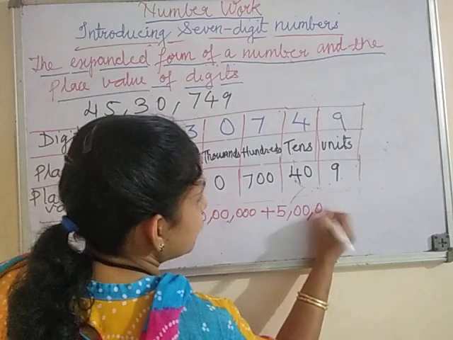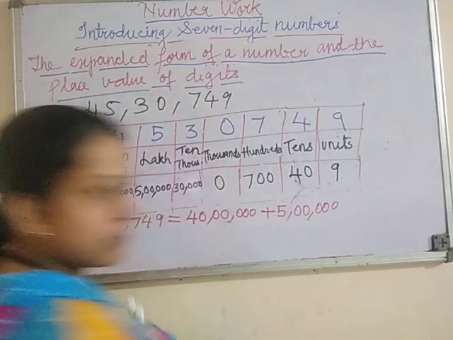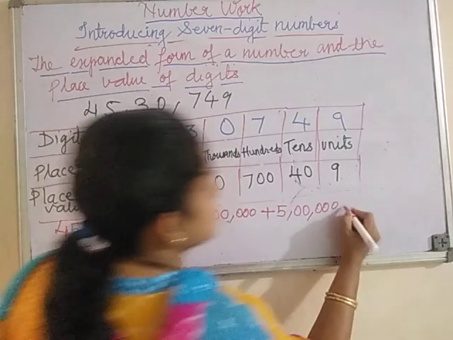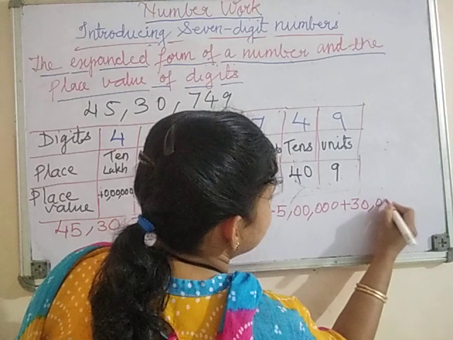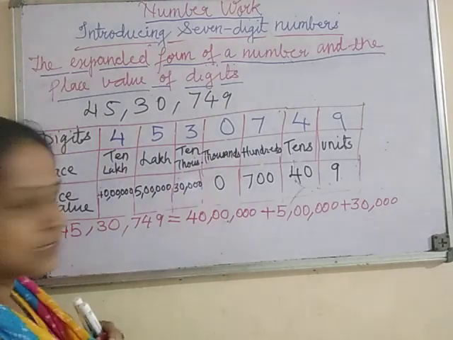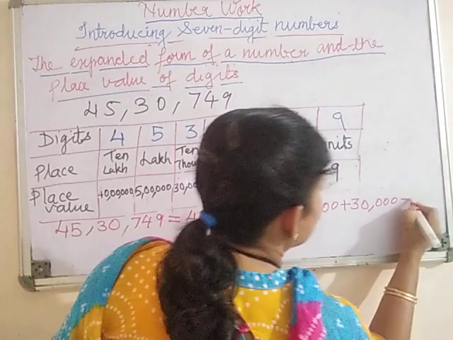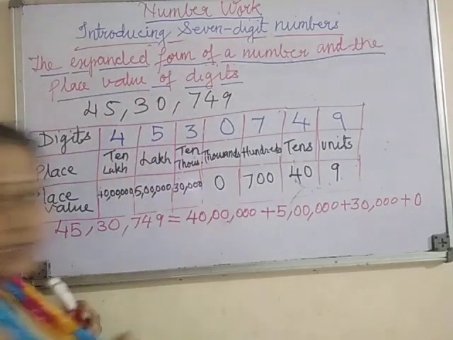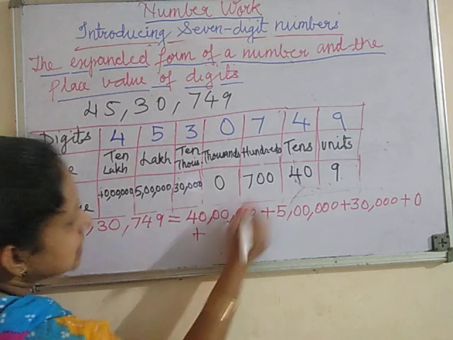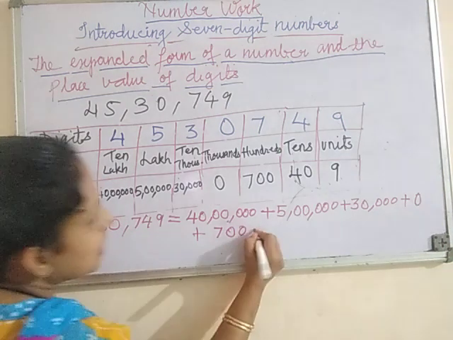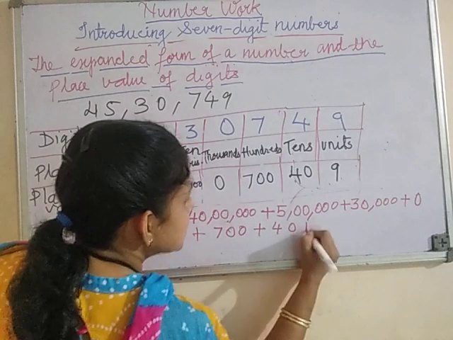1, 2, 3, 4, 5, altogether a 6-digit number. Then we have 30,000, that is 3 here and then 4 zeros. 1, 2, 3, 4. Fine, this is 30,000, and in place of 1,000 we have 0, so you write it as 0 itself. Then you have plus 700 plus 40 plus 9.